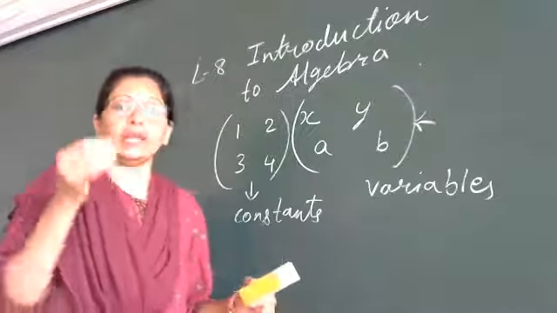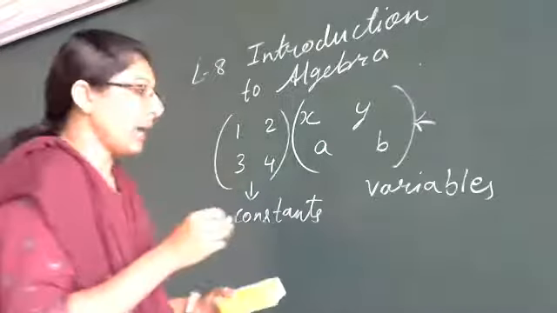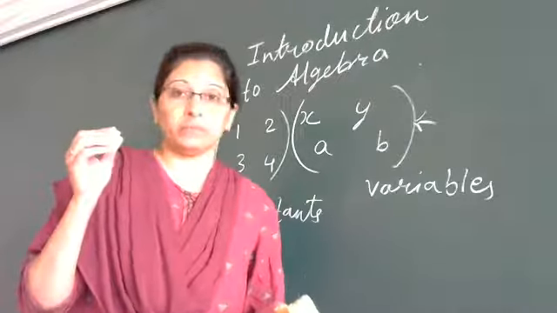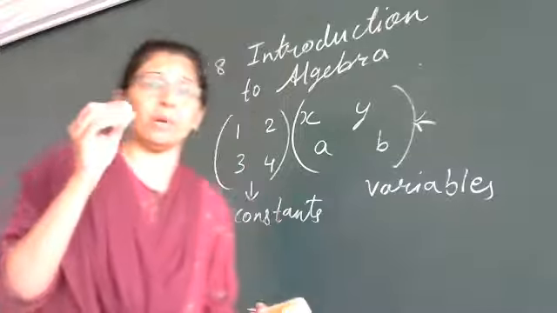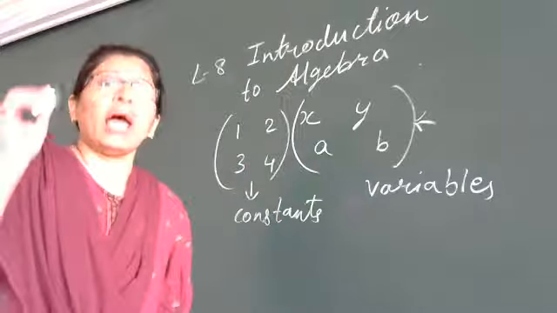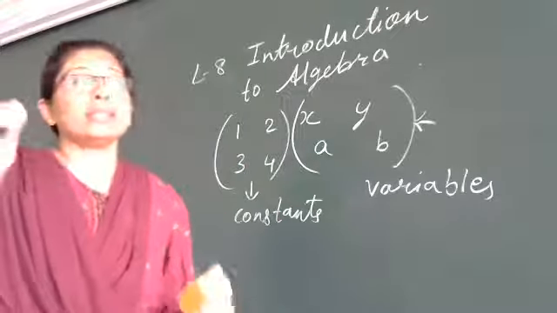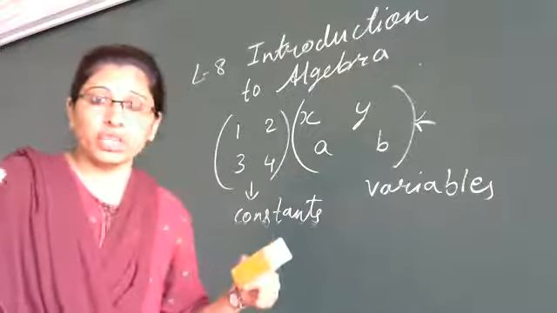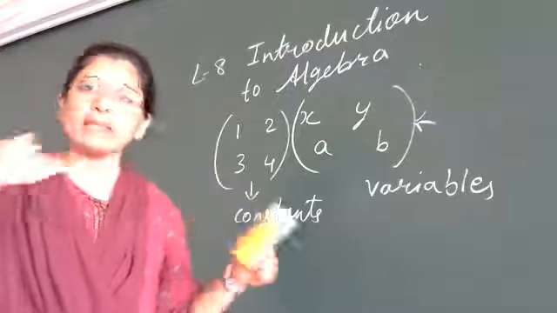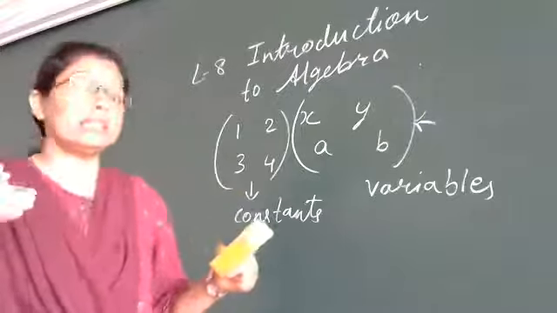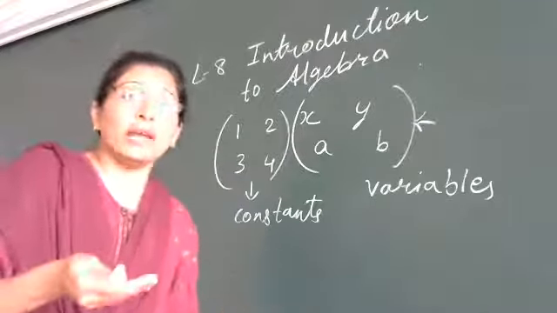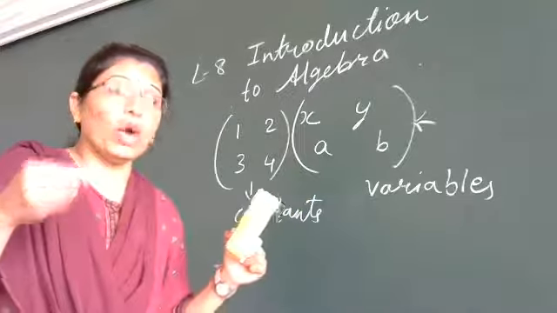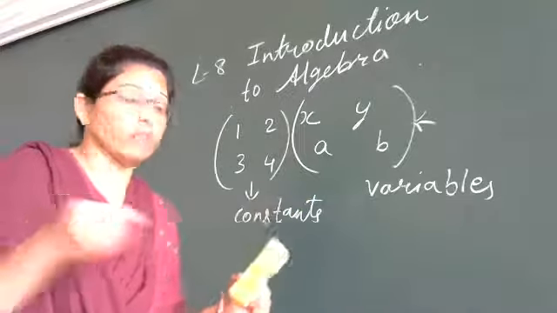Now, for example, if it is given that the sum of two numbers is 10 and one number is 6, what will be the other number? This is a statement. How can we write this statement in numerical or equation form?